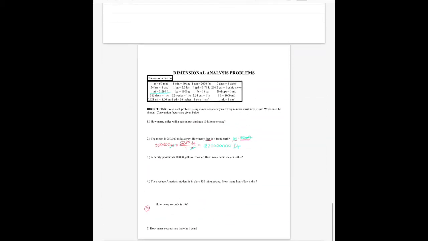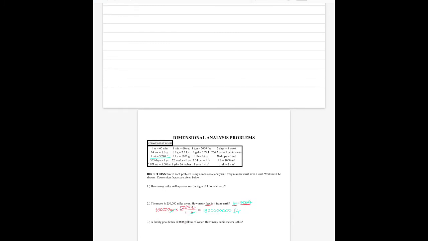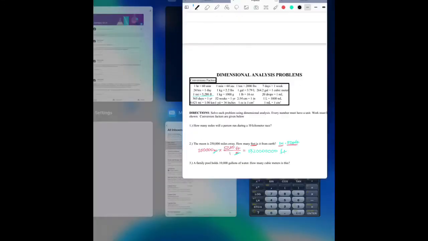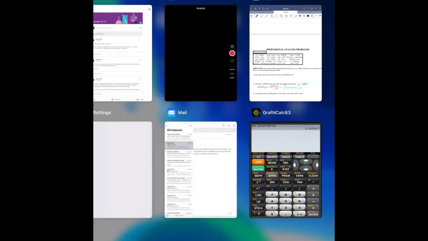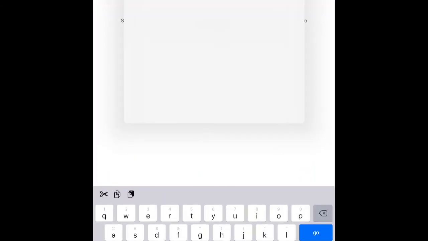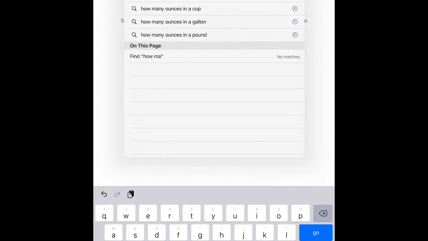So let's go get a conversion factor for meters because I don't know that one off the top of my head. Okay, sounds like I'm going to Google. Where's Google? Oh, where's Safari? Okay. Let's say how many meters are in a mile.